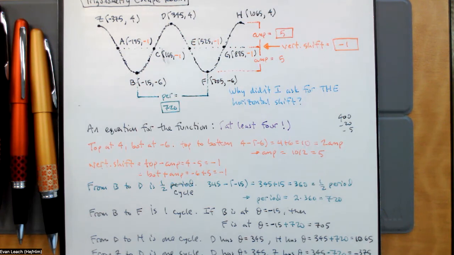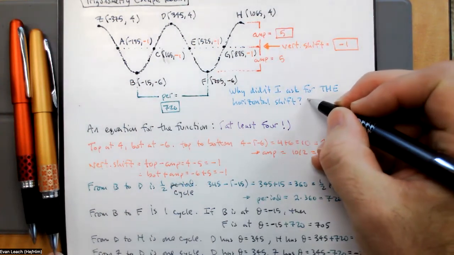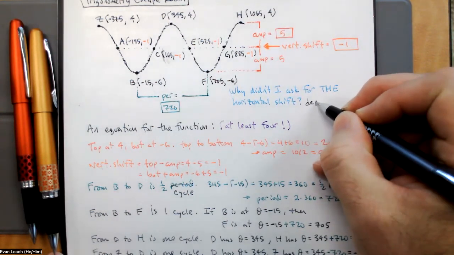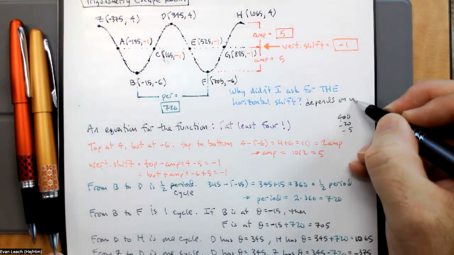So if we start at the bottom, we think of a negative cosine. If we start at the top, that's positive cosine. If we start at the middle going up, that's positive sine. If we start at the middle going down, that's negative sine. So the reason I didn't ask for the horizontal shift is that the horizontal shift depends on what we consider to be our starting point.